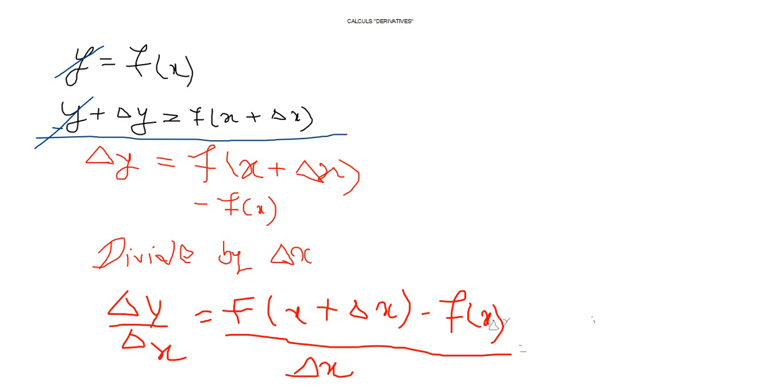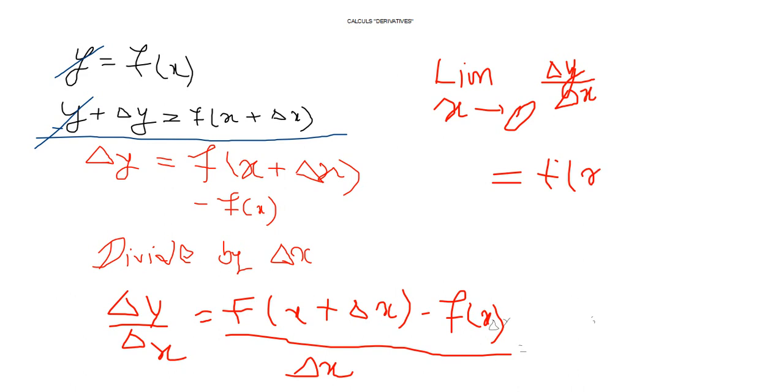Limit as x tends to 0, del y over del x, is going to give us equals f(x plus del x) minus f(x), whole divided by del x.